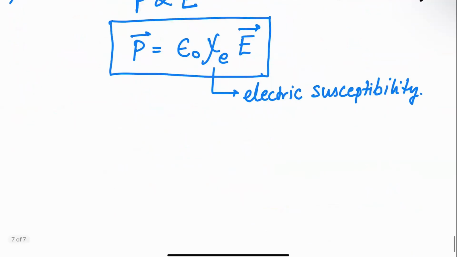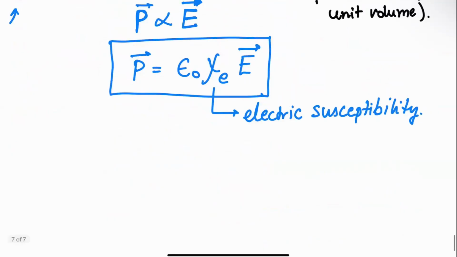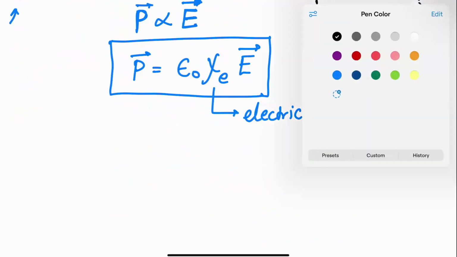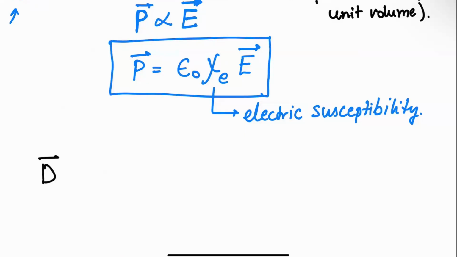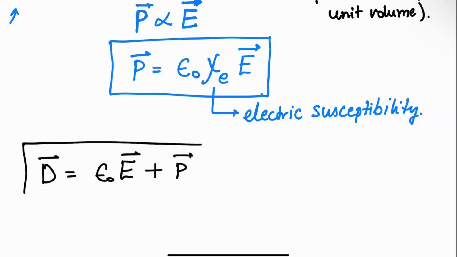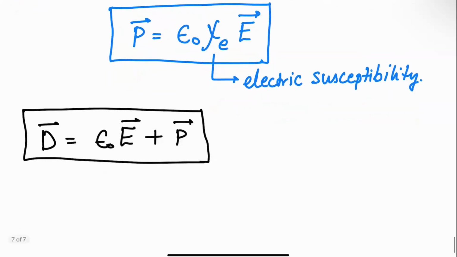All right. Okay, so now that we have this, the D field is given by epsilon naught E plus this additional polarization vector in the medium.